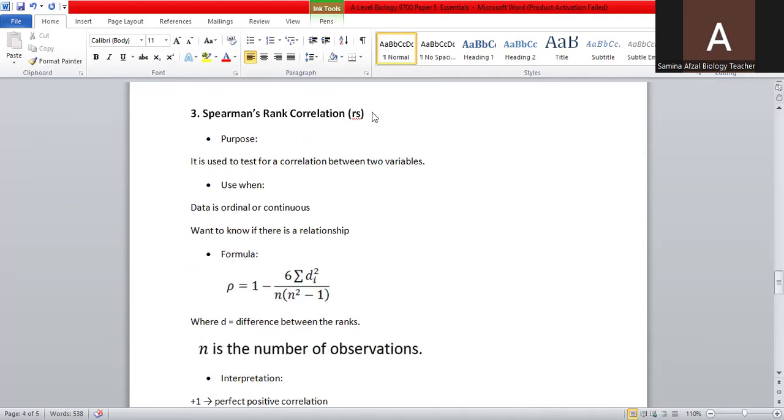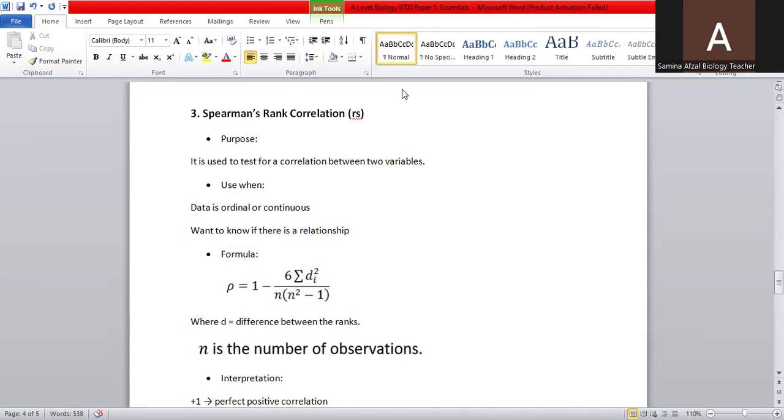Then we move towards the third statistical test, which can be part of Paper 5, that is Spearman's rank correlation. The purpose of Spearman's rank correlation is to test for a correlation between two variables, used when data is ordinal or continuous.